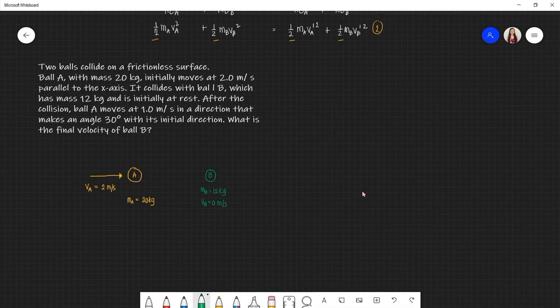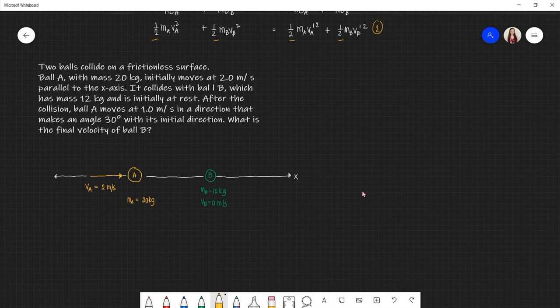After the collision, ball A moves at 1 meter per second in a direction that makes an angle of 30 degrees. Again, it's 30 degrees with its initial direction. So if this is our reference line, this is the x-axis.